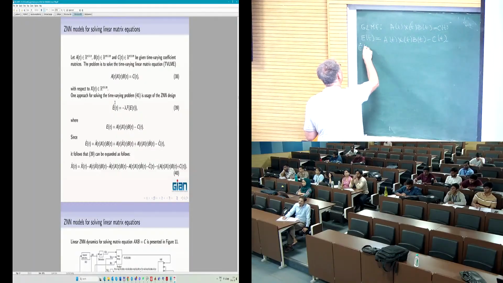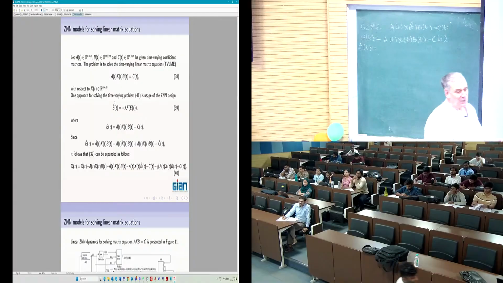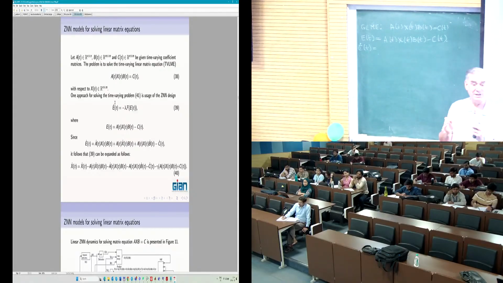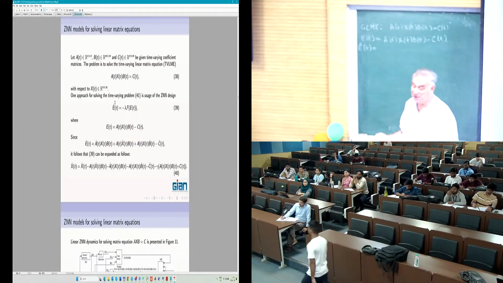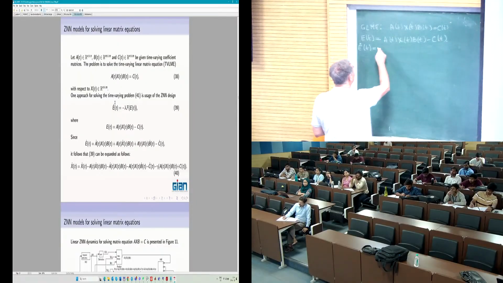E dot of t. Probably it will look complicated, but there is nothing complicated. We have three terms in the product, and the derivative will produce three terms.